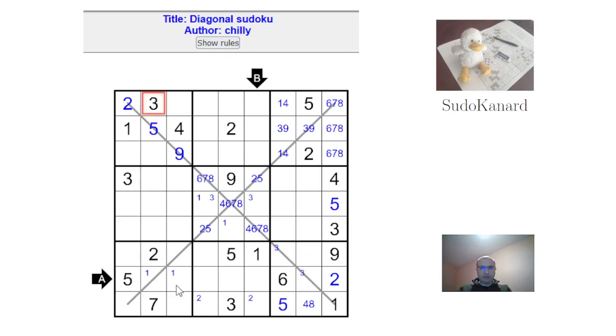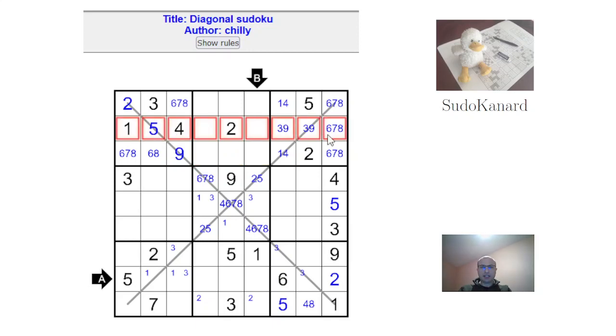And because of those 3s, there's a 3 somewhere here. Missing digits here are 6, 7, 8. This one is not 7, and we see a triplet here, a 6, 7, 8 triplet, so that 6, 7, and 8 are not here.